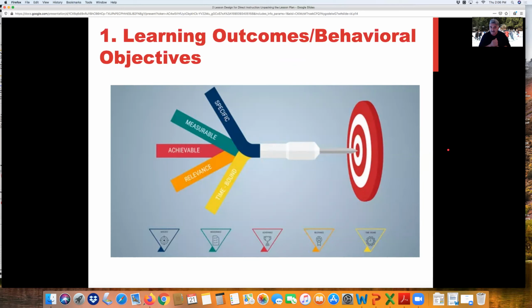They're more specific, tailored right to that specific lesson you're teaching. Whereas learning outcomes and goals can cover many different lessons, the behavioral objective belongs to that specific lesson. It has to be measurable, achievable, relevant, tangible, time-bound, so behavioral objectives are a little different than learning outcomes.